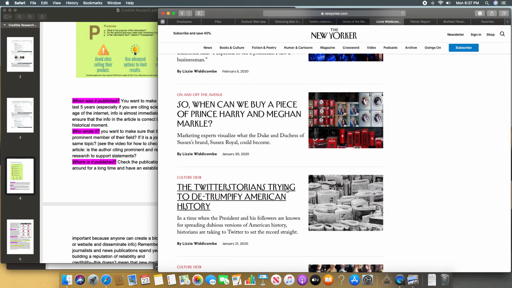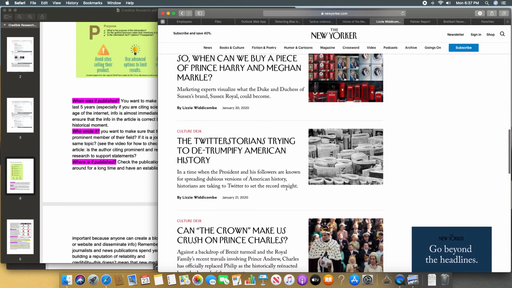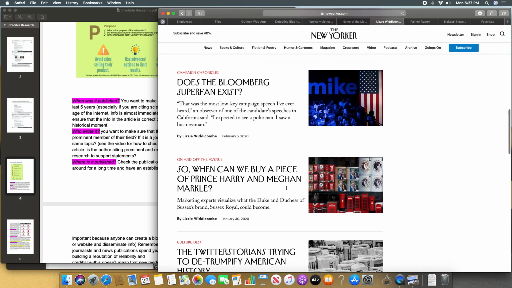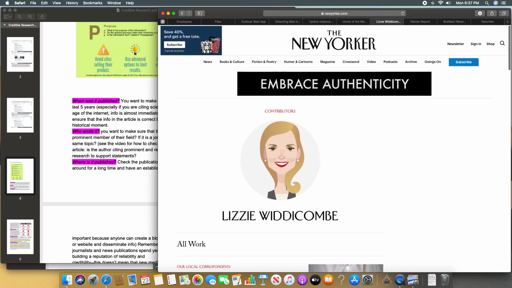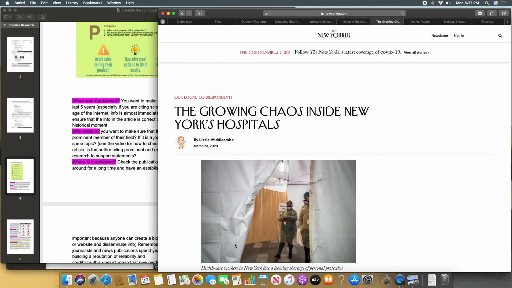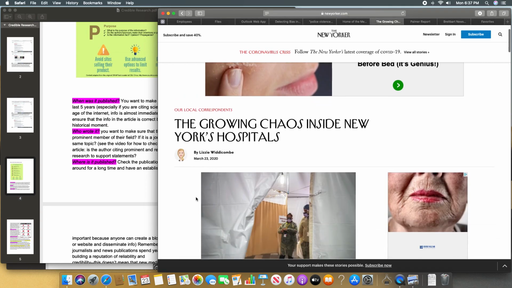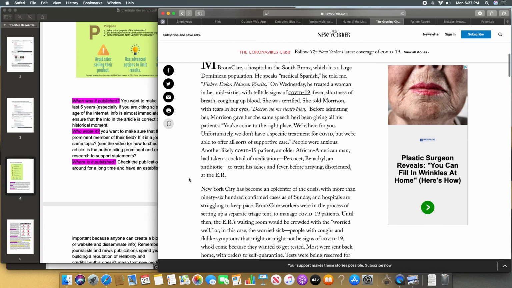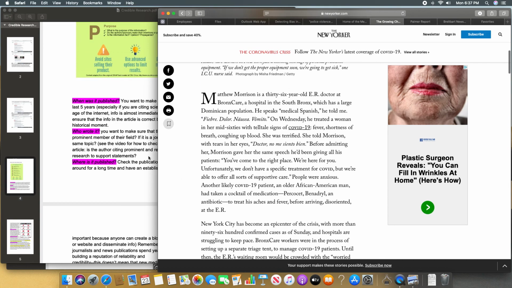Can we buy a piece of Prince Harry and Meghan Markle? What? The Twitter historians trying to de-Trumpify American history. So I'm already on the fence about whether or not she's going to be a credible person to be talking about this particular article. I'm a little bit iffy there.